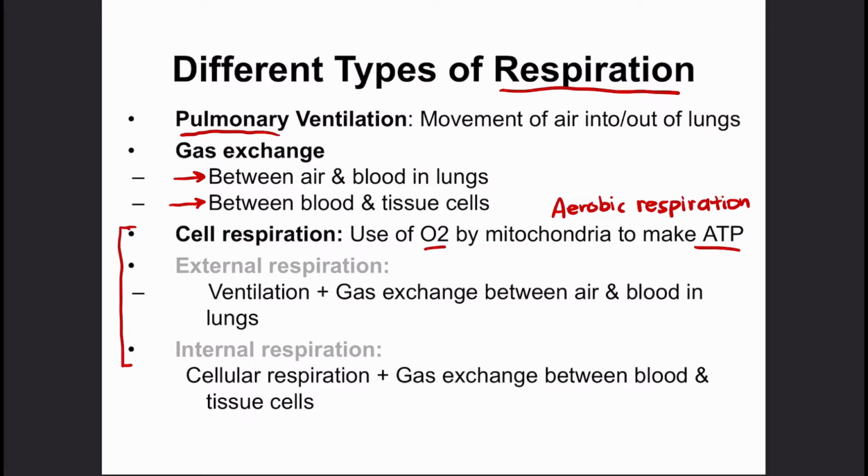External respiration has to do with the ventilation plus the gas exchange between the air and the blood in the lungs. So it takes in pulmonary ventilation as well as the gas exchange between air and blood in lungs. Internal respiration has to do with the gas exchange between blood and tissue cells, like when blood is moving through capillaries to oxygenate tissue, and then the use of that oxygen for cellular respiration.